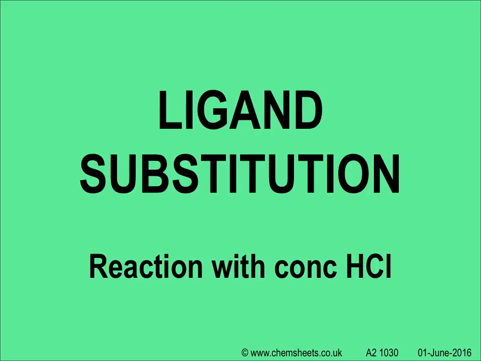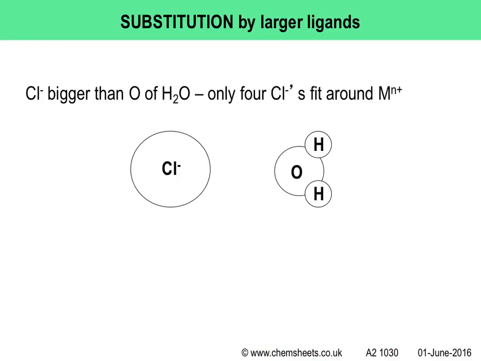So now we have ligand substitution, and this typically involves the addition of Cl- ions. And that's because what we'll actually get is a change in the shape of the complex ions. So typically most complex ions, or most of the ones that we've been looking at, are octahedral, so they have 6 coordinate bonds.